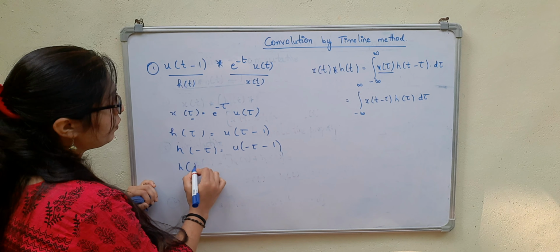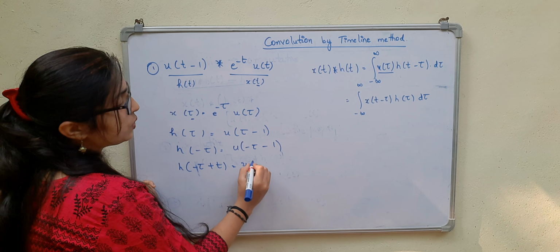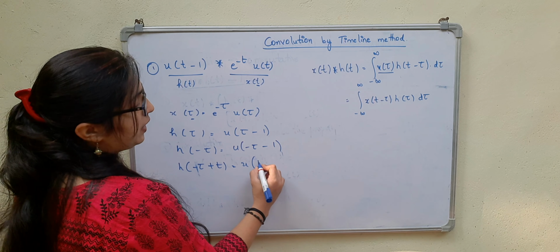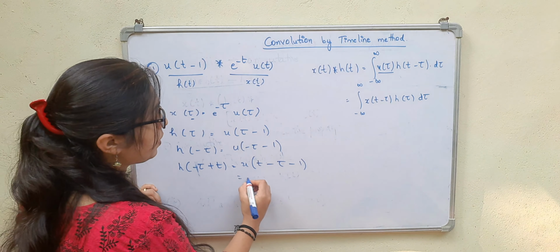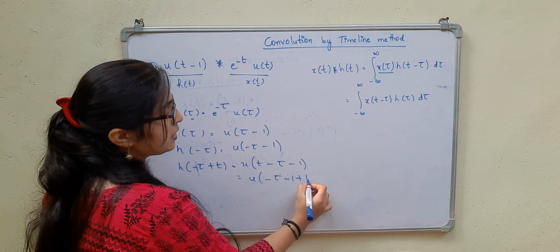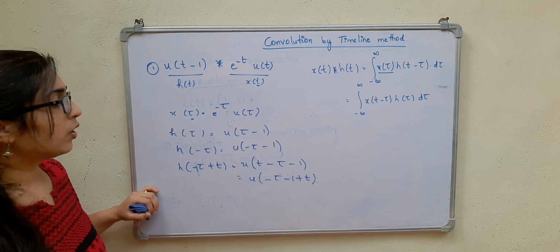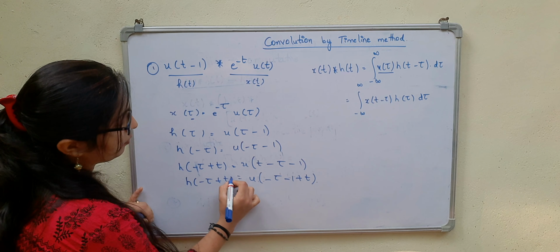Next, h of minus tau plus t, that is u of minus tau plus t minus 1. We can write it as u of t minus tau minus 1, or also as u of minus tau minus 1 plus t. So this is my h of minus tau plus t.